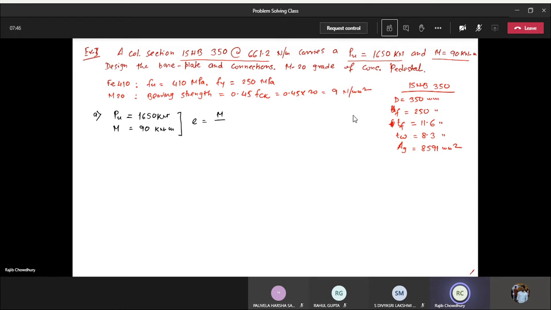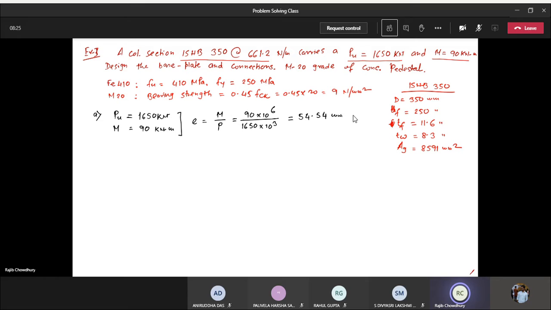It would be e is equal to M over P, and this becomes 90 times 10 to the power 6 Newton mm divided by 165 times 10 to the power 3 Newton. Okay, so the eccentricity developing over here is 54.54.